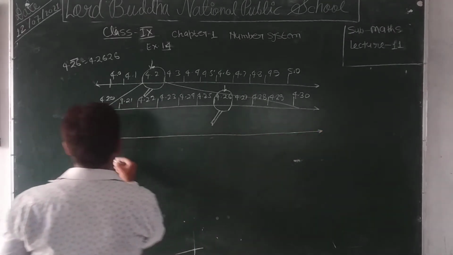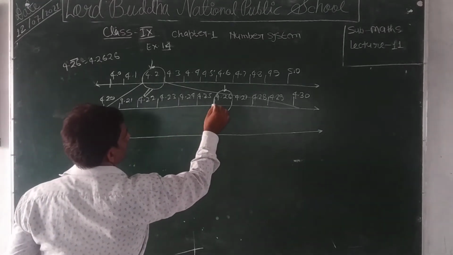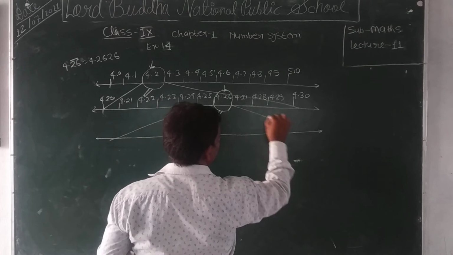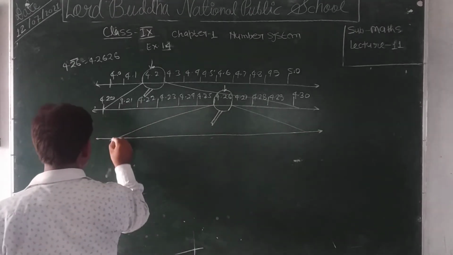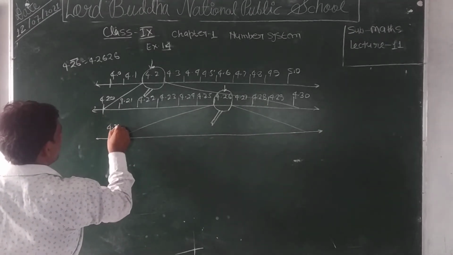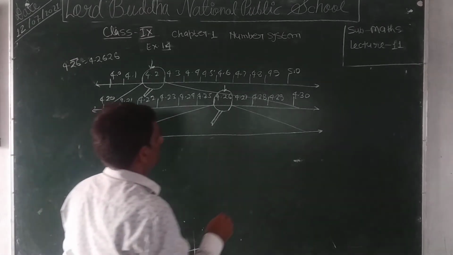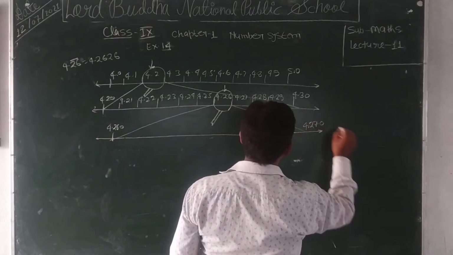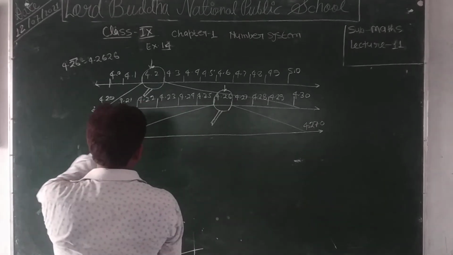We draw another number line. This point will be here and this point will be here. This is 4.260 and this is 4.270. We divide this into 10 equal parts.